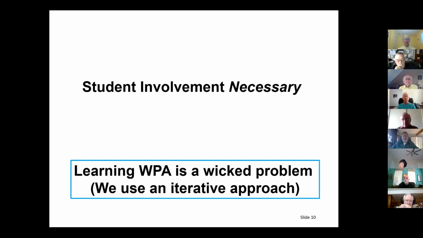The other thing is that the different pieces of this approach need to all fit together. Well, you can't teach them all at the same time. You have to go from one piece to another piece to another piece sequentially.